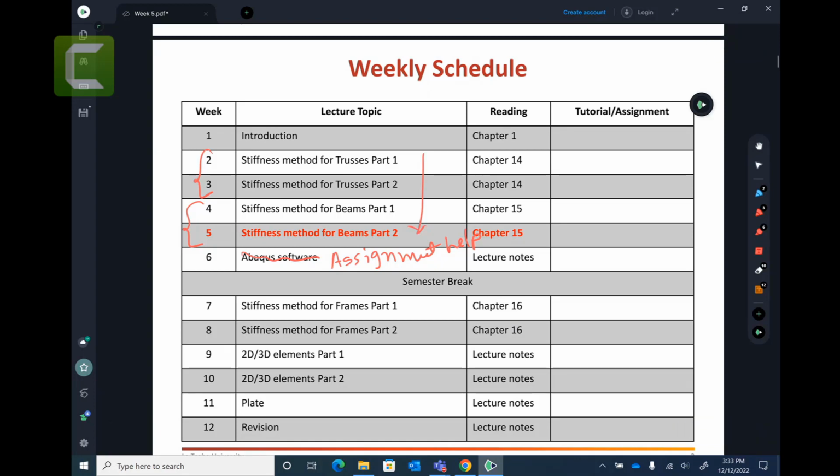I suggest dedicating the whole 2 hours for students to go through the assignments with me. If you are stuck, there is probably a due date this week on Thursday.